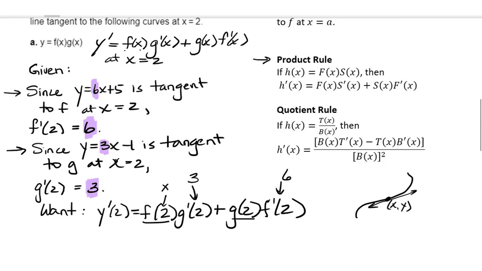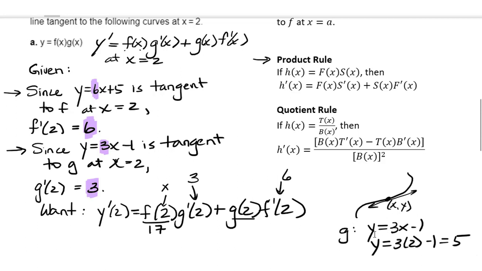So for f, I know that it has the tangent line y equals 6x plus 5. So when x is 2, y is equal to 6 times 2 plus 5, which is 12 plus 5, or 17. So this y value, f of 2, has to be 17.